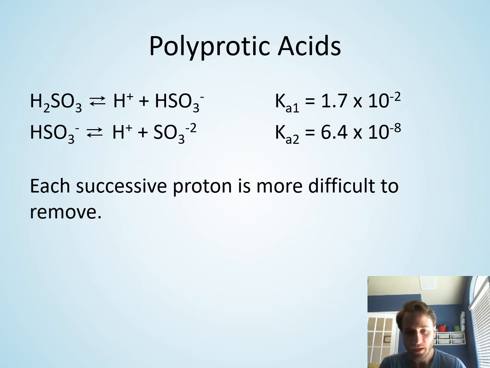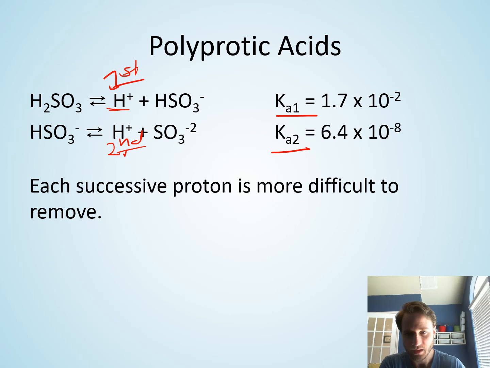And finally, let's talk about polyprotic acids. Take H2SO3 here. Notice if I look at the Ka, I have Ka1 and Ka2. Ka1 indicates the first hydrogen that's removed, and Ka2 indicates the second hydrogen that's removed.